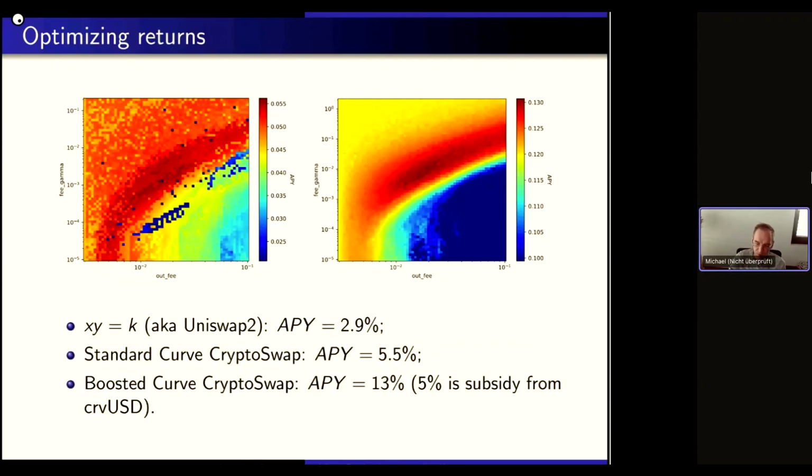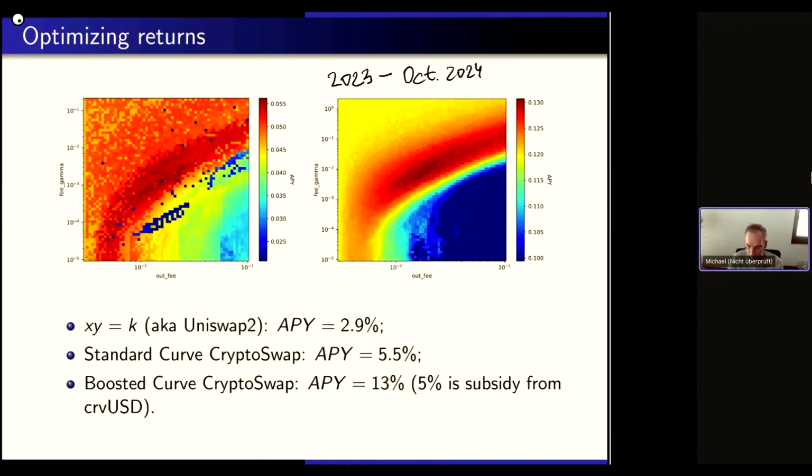So if you take data from the beginning of 2023 till about the end of October 2024, in the XYK bonding curve, in Uniswap 2, you would have earned 3%. If you configured a Curve pool between wrapped BTC and USD stablecoin, and maximized APR there, then it would be about 5.5% APR, before admin fee, of course.